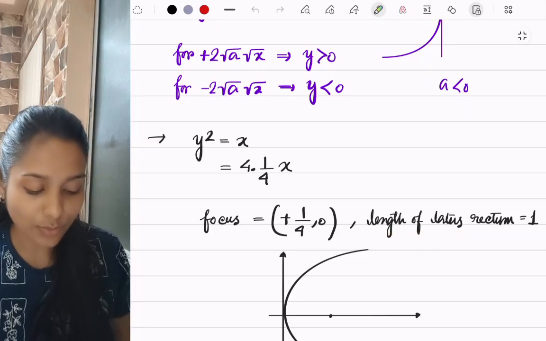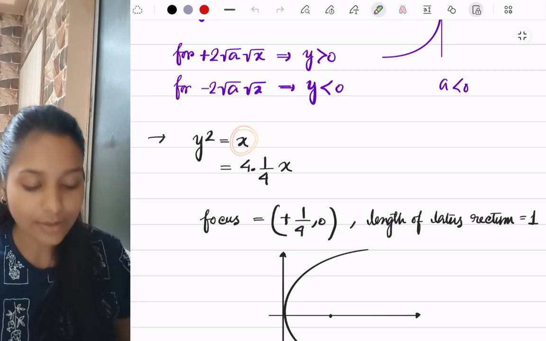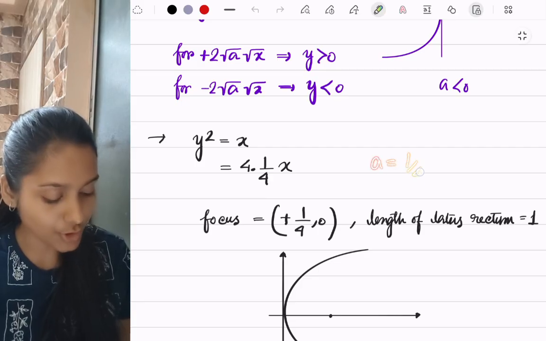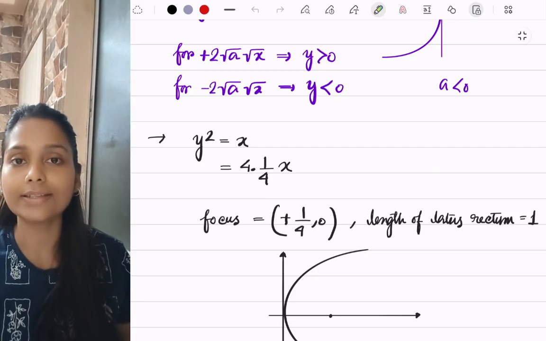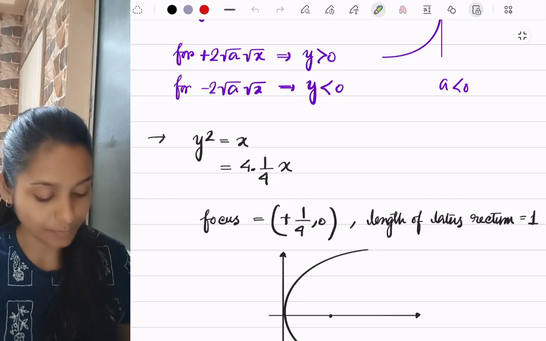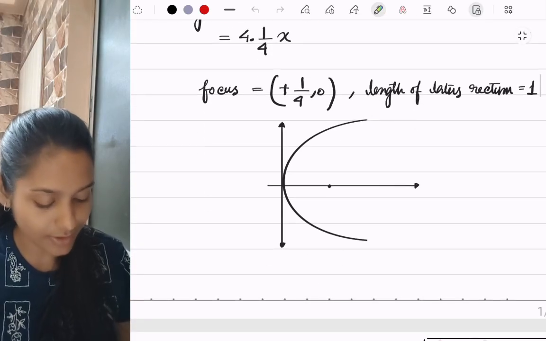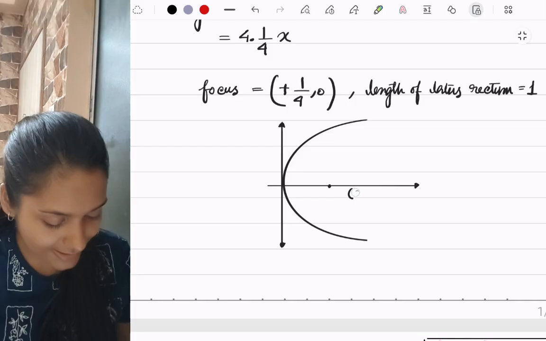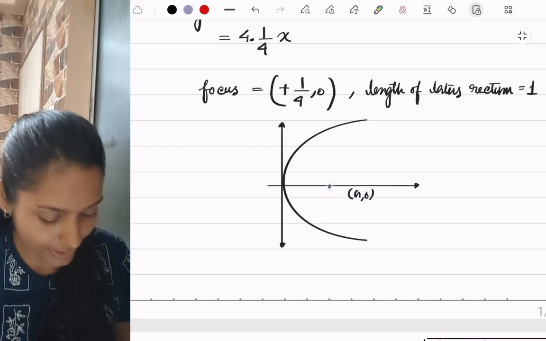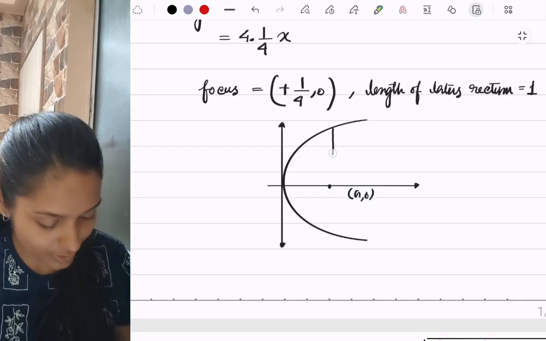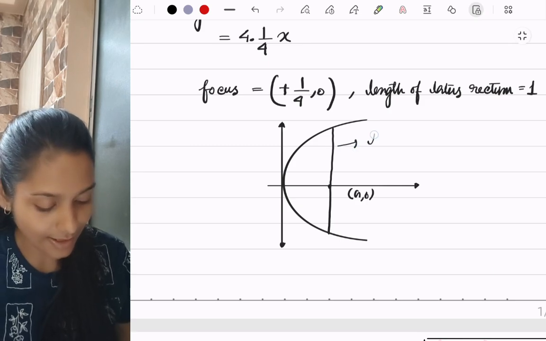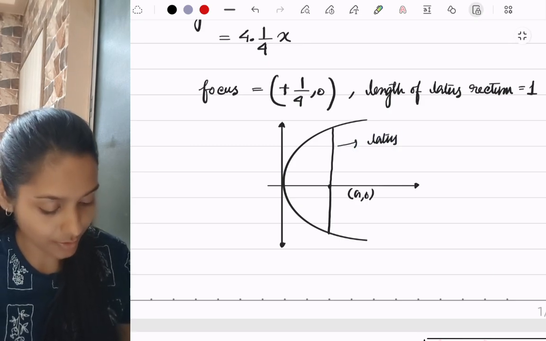As the a here is 1 by 4, which is positive, we will get the right hand side parabola. So this point should be (a, 0), and the perpendicular straight line that passes through this point is the latus rectum of the parabola.